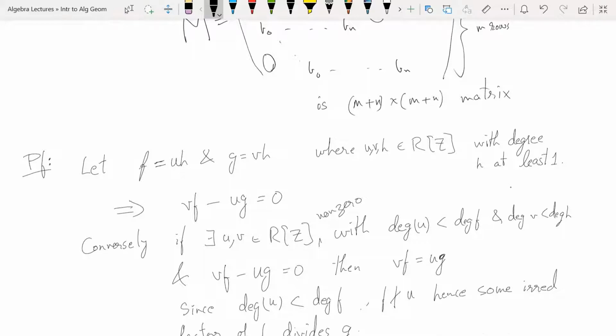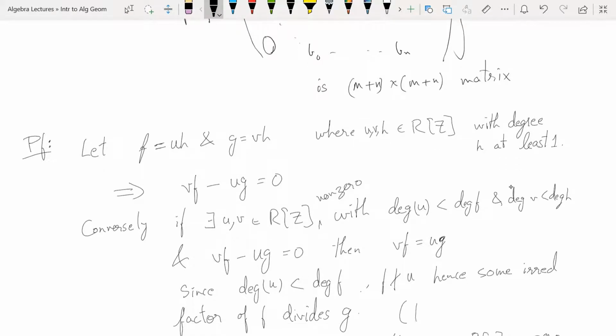So note, we can talk about everything as a product of irreducibles. Note R[z] is a UFD. Since R is a UFD, R[z] is also a UFD. So you can do a prime factorization, irreducible factorization of this.